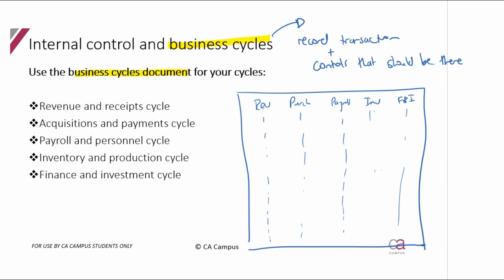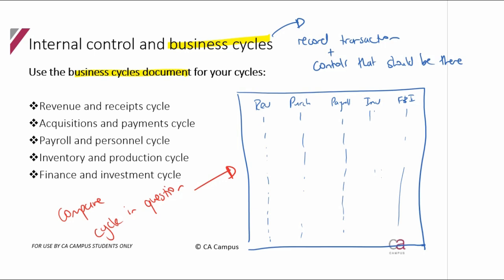What's going to happen in a question is they're going to tell you the cycle, and it's going to have missing steps in the process, missing documents, missing controls. And you then need to compare the cycle in the question to the cycle you're about to note here.